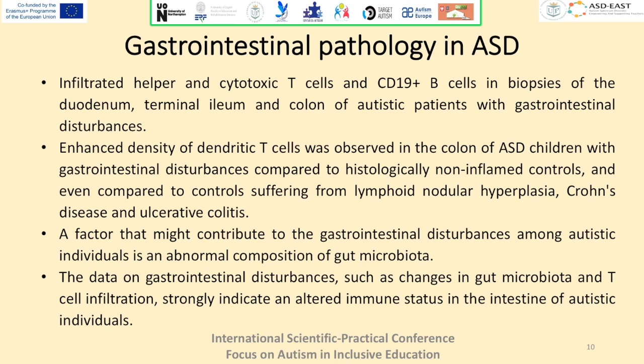A factor that might contribute to the gastrointestinal disturbances among autistic individuals is abnormal composition of gut microbiota. The data on gastrointestinal disturbances, such as changes in gut microbiota and T-cell infiltration, strongly indicate an altered immune status in the intestine of autistic individuals.